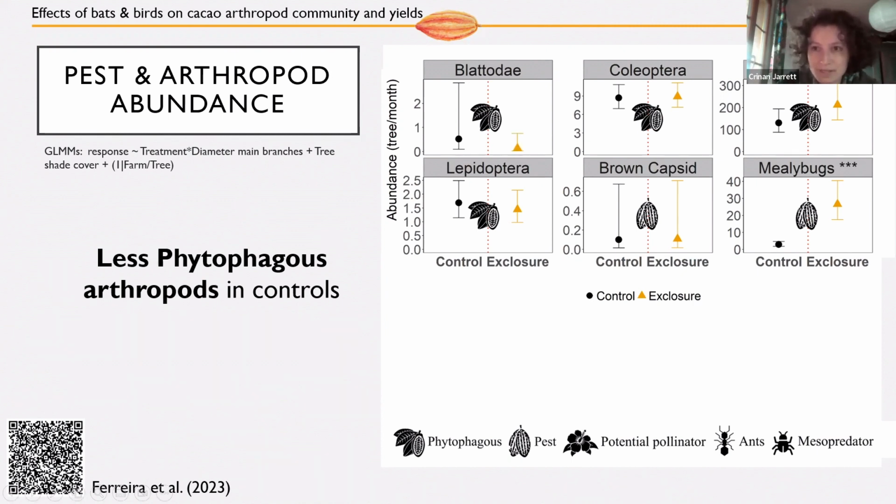The main result I want to draw your attention to is that for hemipterans and for mealybugs, we have much higher abundance in the exclosures than in the controls. So when we don't let the birds and the bats access, these groups increase in abundance. Effectively, birds and bats are controlling the populations of these groups in our cocoa farms, which is interesting because mealybugs are a known pest of cocoa, and hemiptera include many groups which are also pests of cocoa.